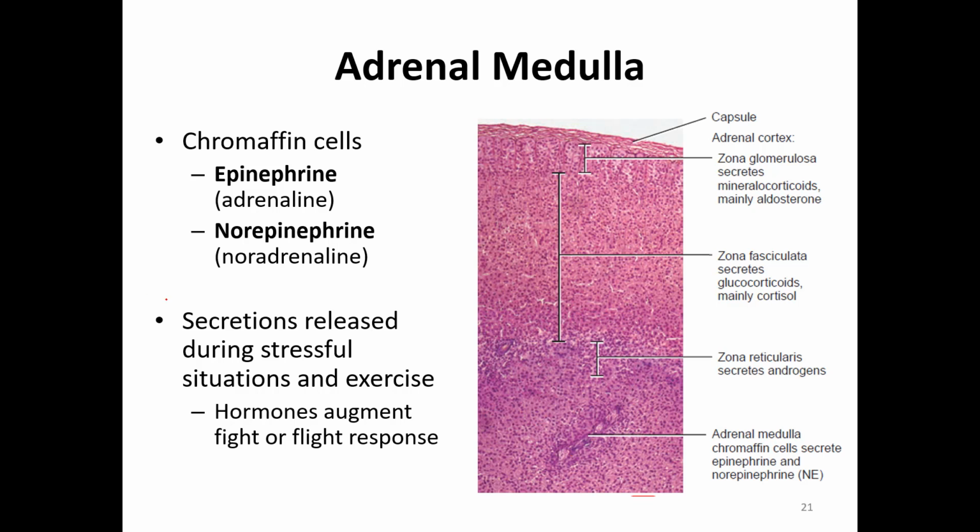If we think about what those would be, we know that the cardiovascular system is going to be a major target area for epinephrine and norepinephrine. And we talk about what's happening in the cardiovascular system. We know that when epinephrine is secreted, it can increase the heart rate. So it's going to modify the pace of the heart and cause it to beat faster.